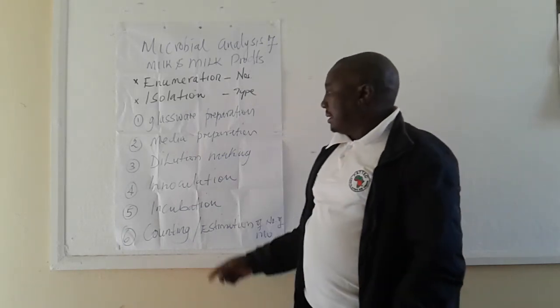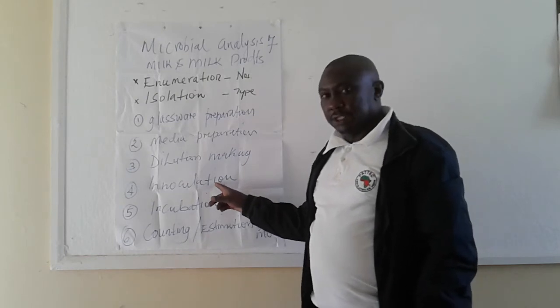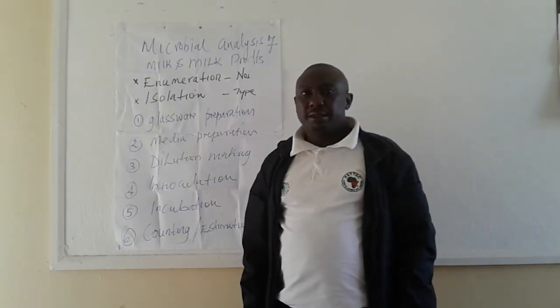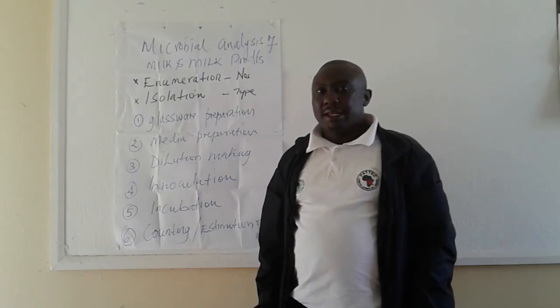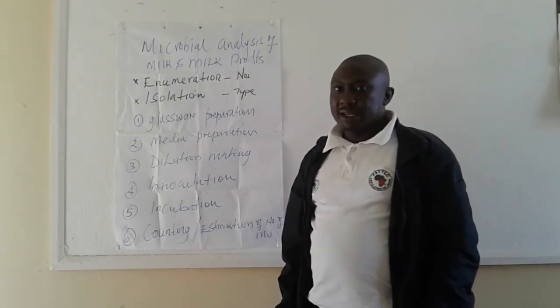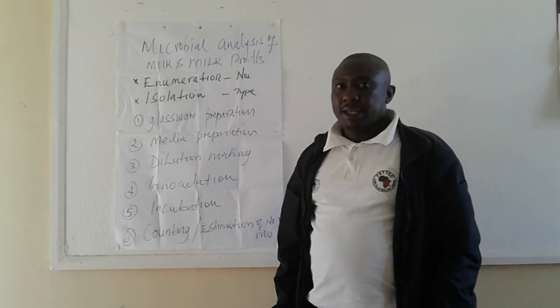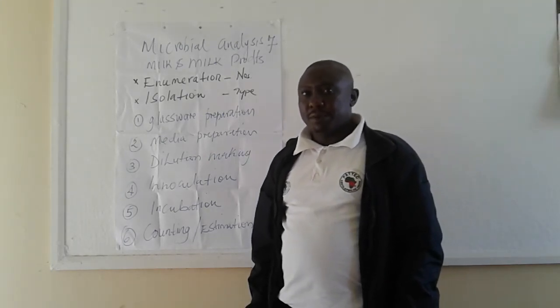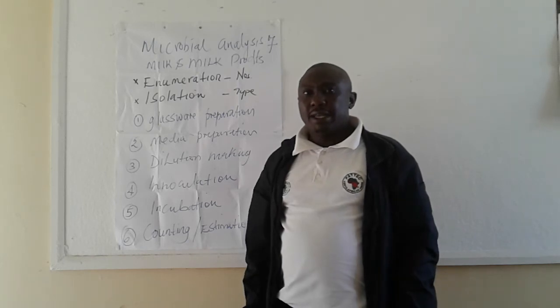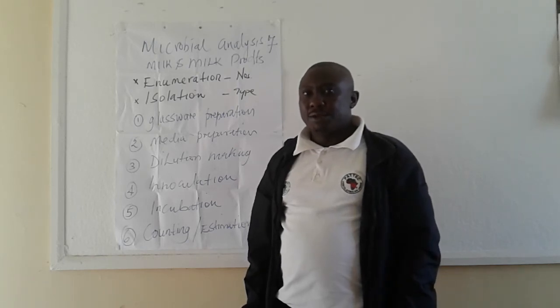After that, the second step is inoculation. Inoculation is the transfer of dilutions and mixing them with the media so that the microorganisms can start growing. When you carry out inoculation, you should ensure that there is no contamination. We follow what we call aseptic techniques during this process of inoculation.